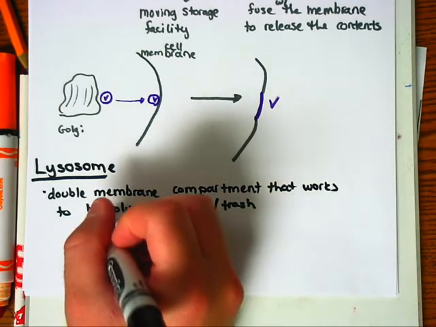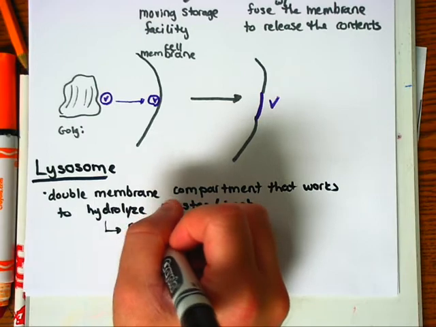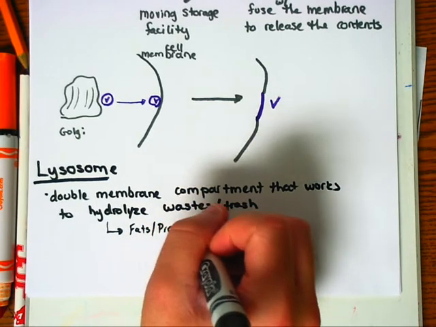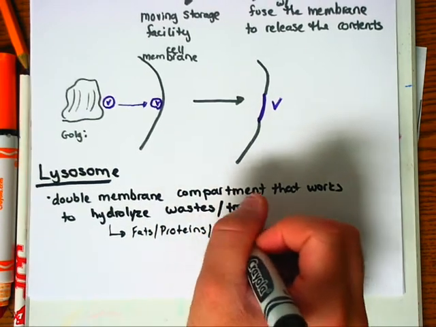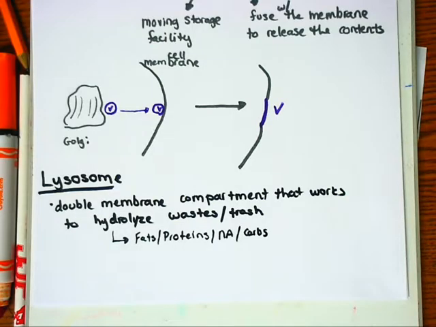And what it can hydrolyze is it can hydrolyze fats, proteins, nucleic acids, and carbs. So all of your four major groups are represented here.